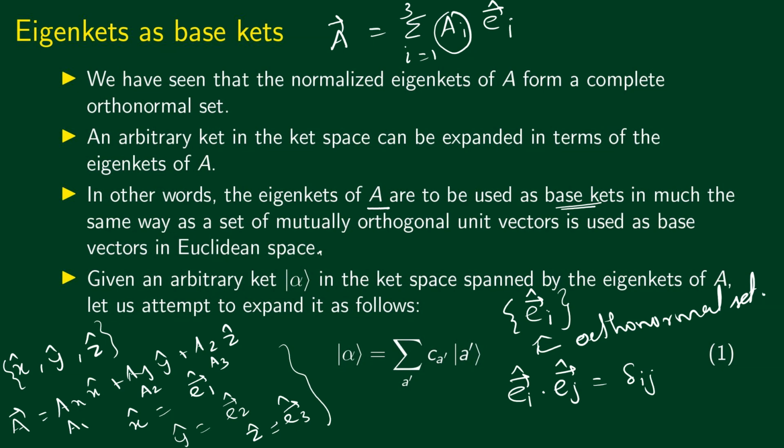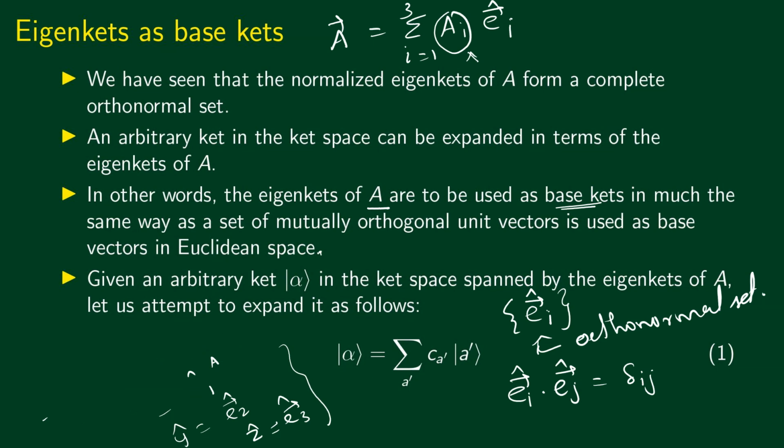Now it's easy to generalize this, because if you want an n-dimensional space, you just have to sum over i equal to 1 to n. If it's a complex vector space, these coefficients can be complex. So in the same way, when we said that the eigenkets of operator A form a base set, that means that we can expand any vector, any ket alpha, any ket in the ket space.